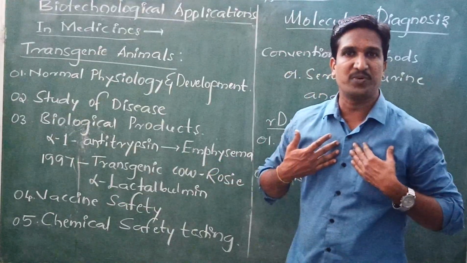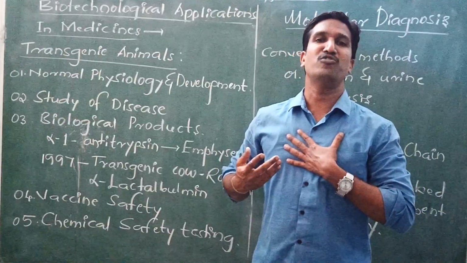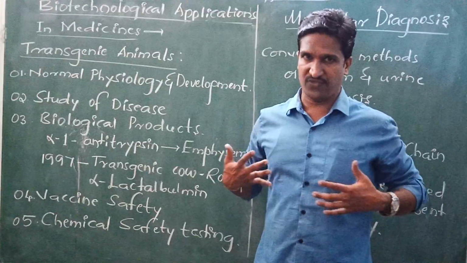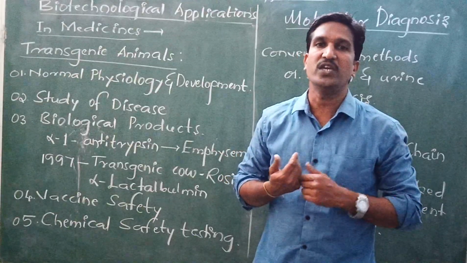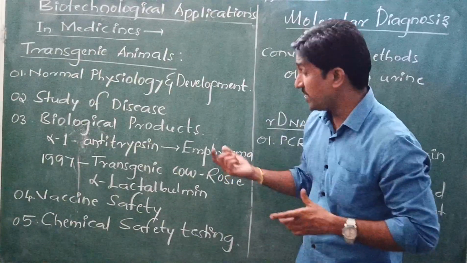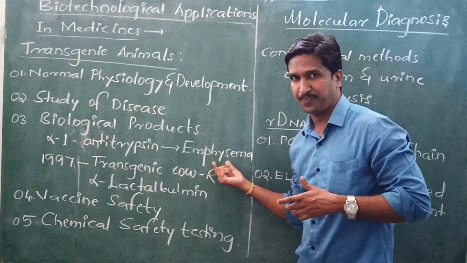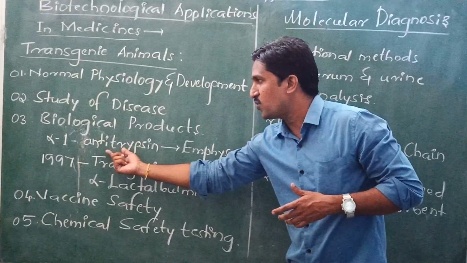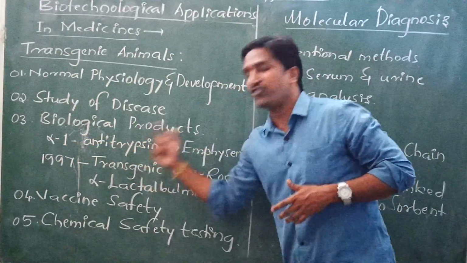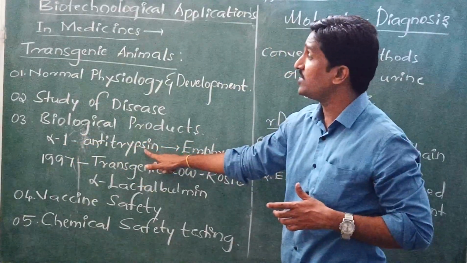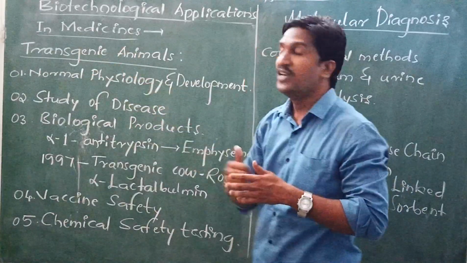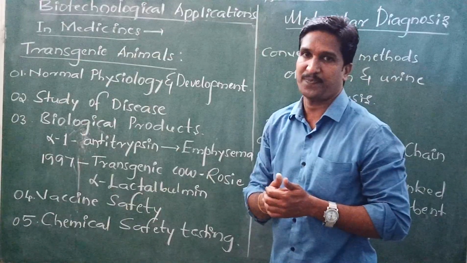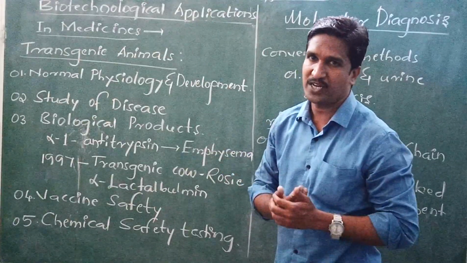Emphysema is a respiratory disorder with painful breathing, due to the deposition of phlegm around the alveoli. This emphysema is treated by the protein alpha-1 antitrypsin, which is produced with the help of a transgenic animal by injecting that particular gene into it. So many people are going to get cured from this.